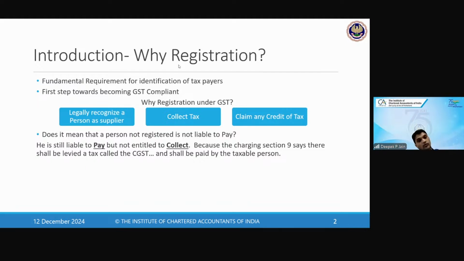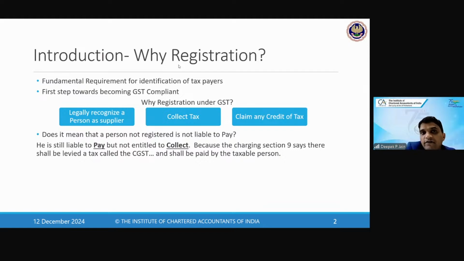If I tell you that yes, I'm not registered and I still collect GST from you, are you ready to pay me the GST? We would not pay, right? Because you know that you are paying taxes in the name of taxes, but I am not registered. Then you will not pay me GST.